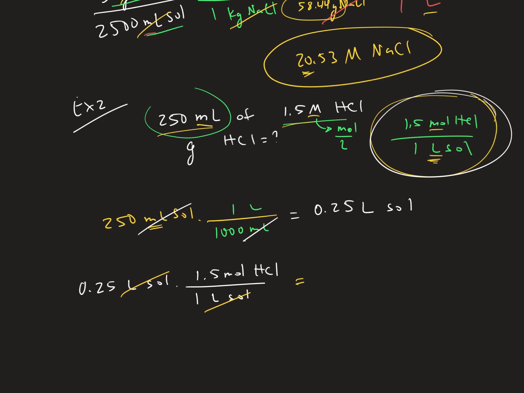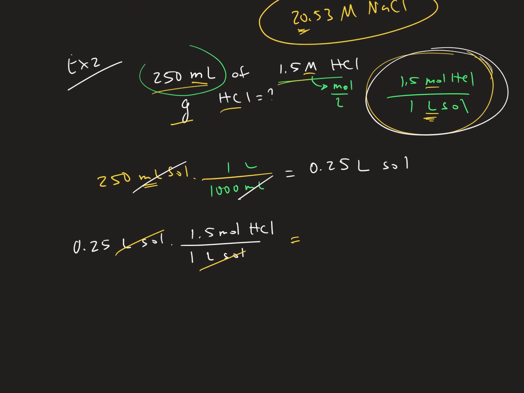No, because I'm looking for grams of HCl. And the way I like to do it, I like to just run it all the way through. But if you like to break it up just to give you a little breather, then do it, okay? So 0.25 multiply 1.5, what is it?